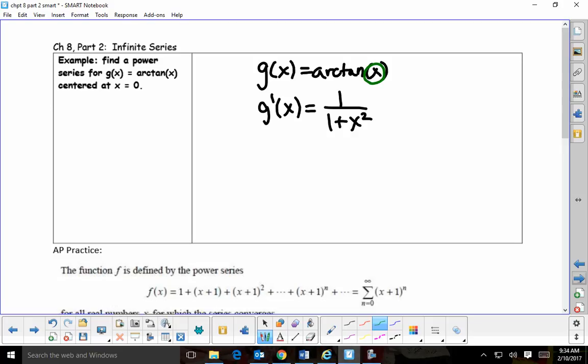Okay, so now does this look like something you can do? Yeah. So let's go write that. Go write that little power series for me.